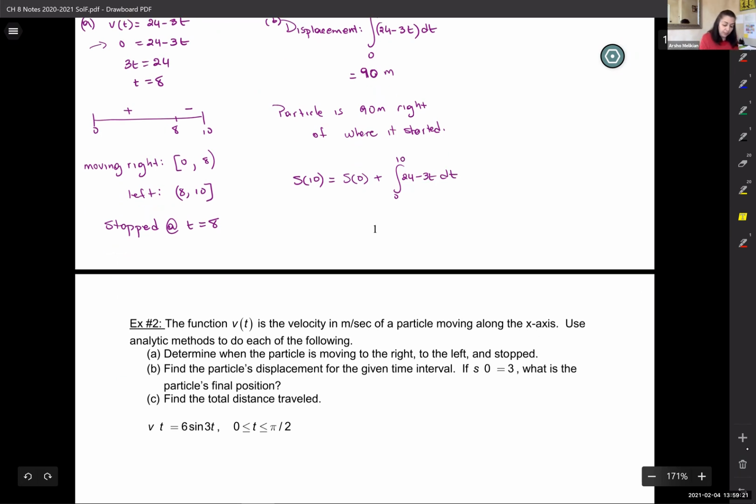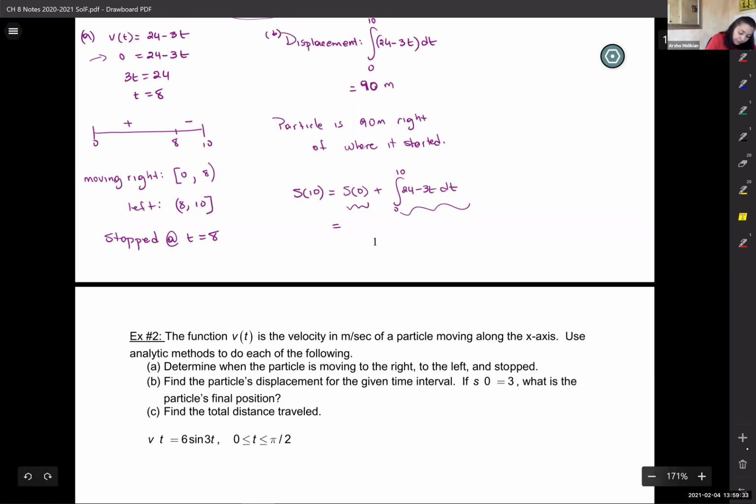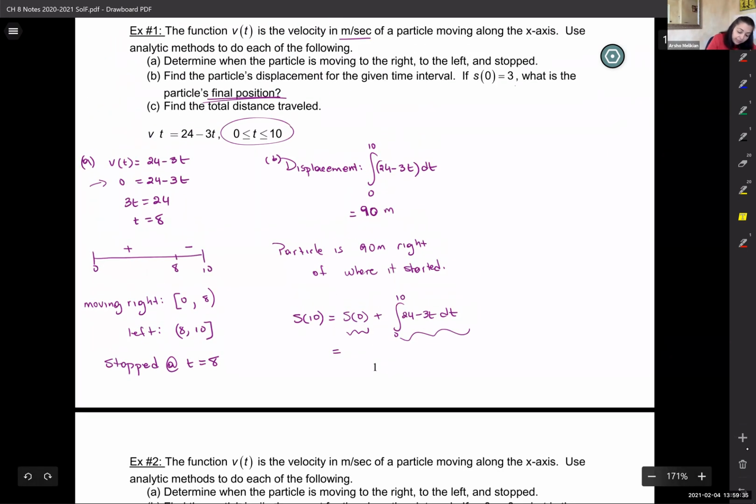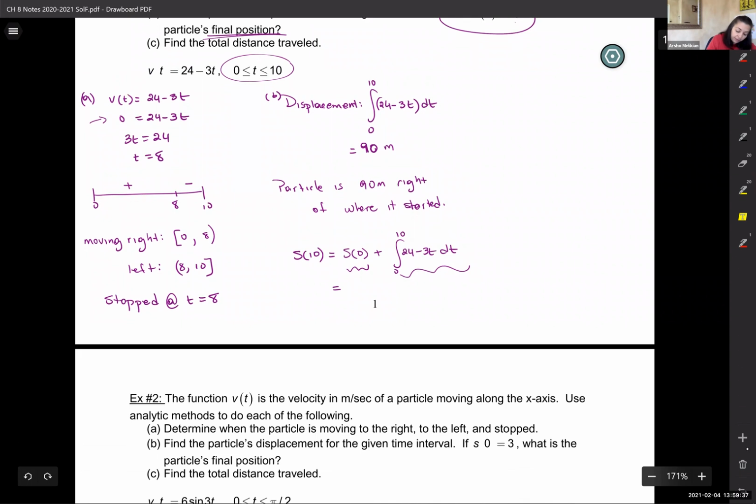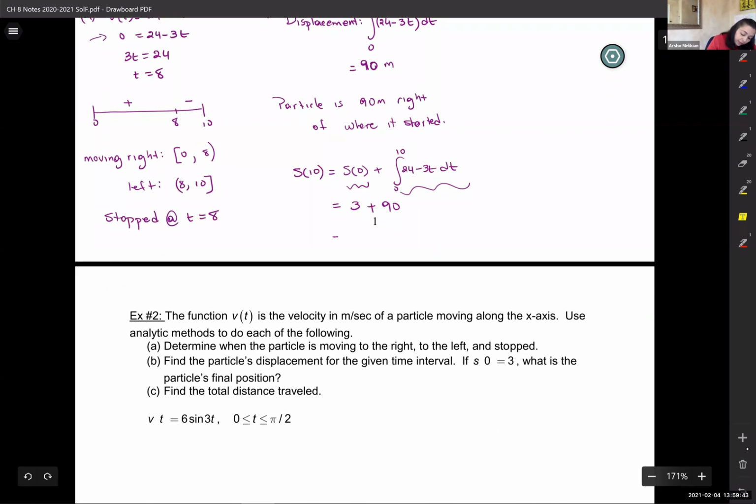Let's see what this is. This is initial position plus the displacement, which is how much the position has changed. Okay? So S of 10 is S of 0, that's given to me as 3, plus that integral I just found was 90, so 93 meters.